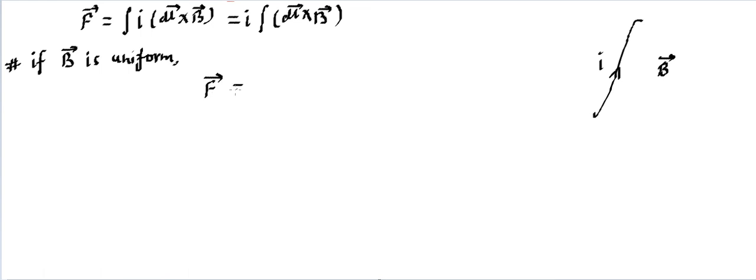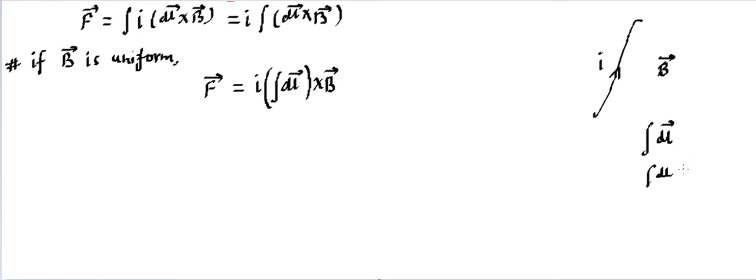It becomes F is equal to I, which was already outside, integration of dL, and we can take this separate, cross B. That means we have taken this B outside. Now what is integration of dL? We have already talked about two terms. Integration of dL vector is basically the displacement vector, and integration of dL is a length.